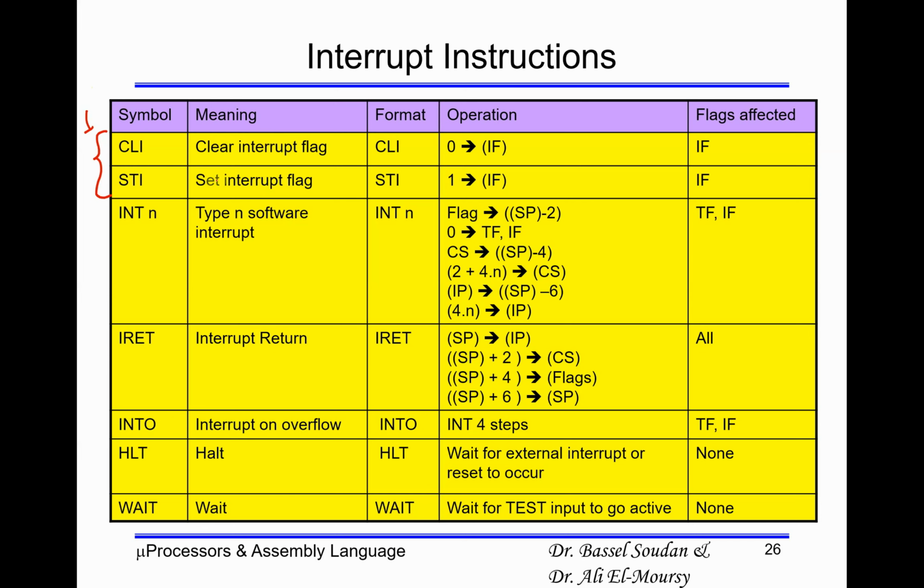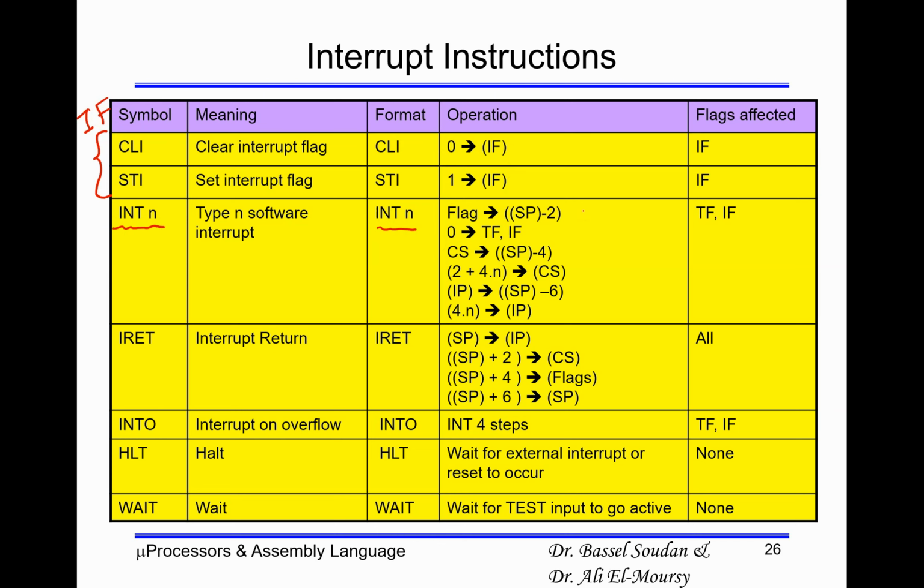Actually, these enable and disable the external interrupts. We have the int n instruction that you can use inside your code to call any of the interrupt service routines inside your code. These first instructions are setting IF to either 0 or 1.